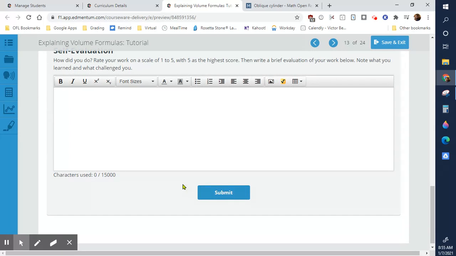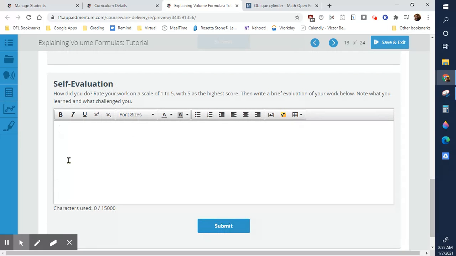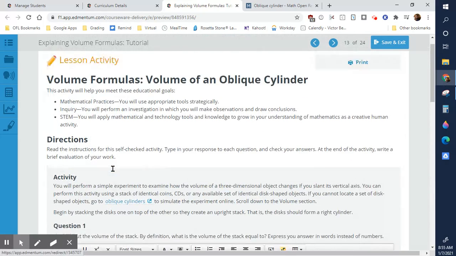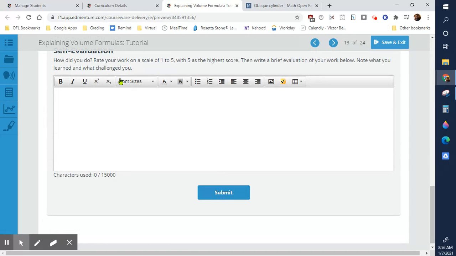So how do we do in this one? Honestly, to me, this was a little weird to understand, Cavalier's principle, but once you see it, it kind of starts making sense. So I'm going to give myself a 4, and I'm basing myself more on the initial idea of Cavalier's principle where I didn't really understand it. 4, I didn't really understand it at first, but seeing the coins made the principle make sense.